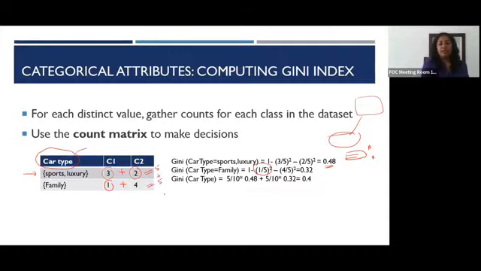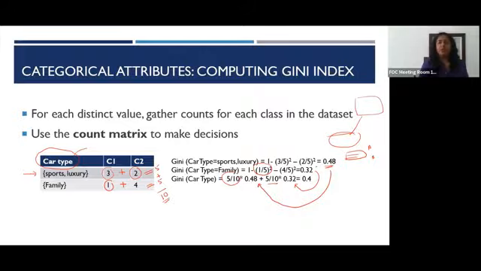Total is 10. So for the first partition, 5 out of 10 is there, and its Gini index is 0.48. So you multiply. Is it clear? The second partition also has 5 out of 10, and that Gini index is 0.32. Is that clear, students?